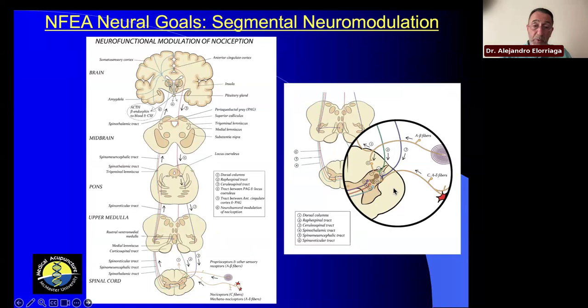And this is something we need to get crystal clear. What reaches the brain is not absolute, it is just the product of this modulation process at the spinal cord, which is influenced by entry signals.